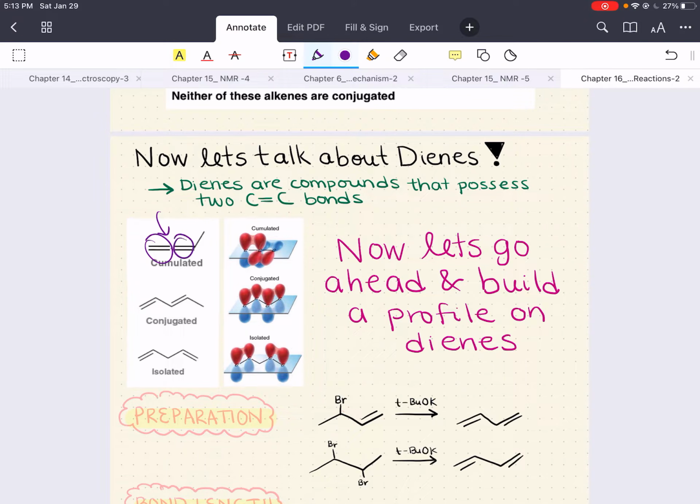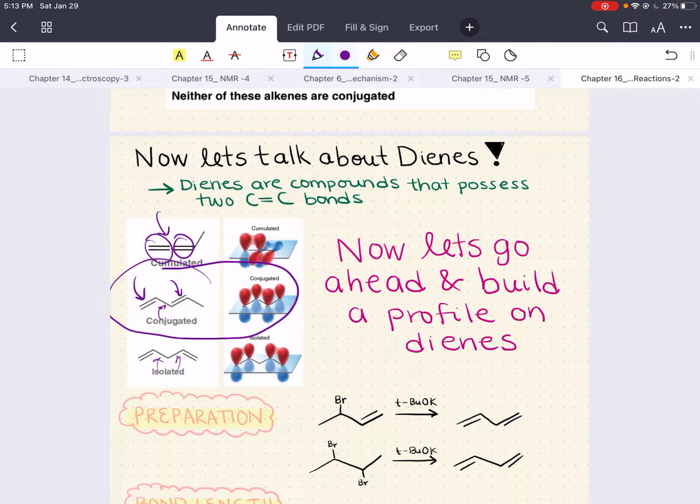In conjugated dienes, the pi bonds, these double bonds, are separated by exactly 1 sigma bond. This 1 sigma bond is what's separating the 2 pi bonds. In isolated dienes, the pi bonds are separated by 2 or more sigma bonds. So our focus in this chapter is with conjugated dienes.